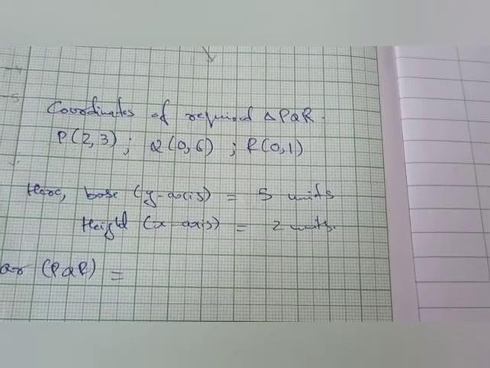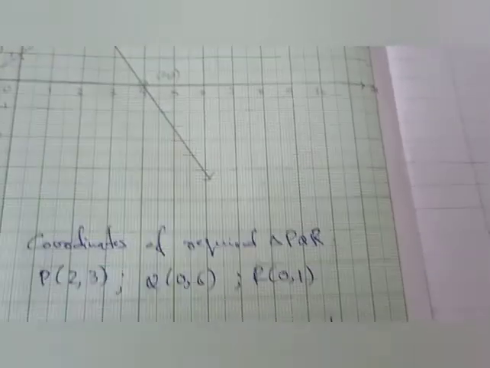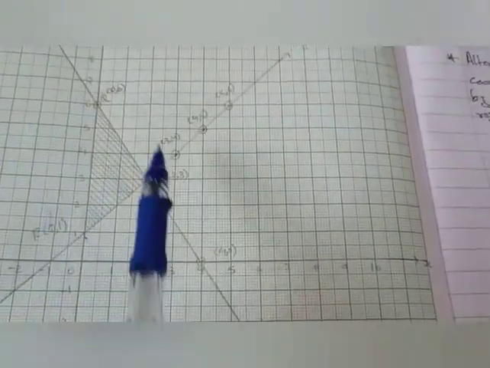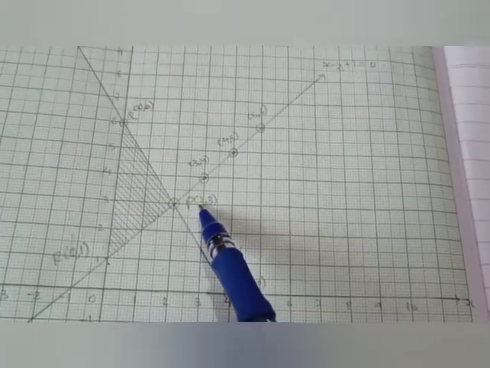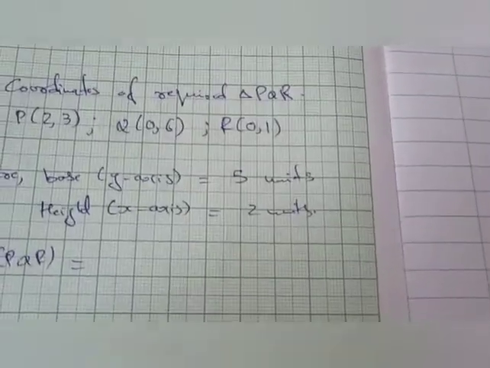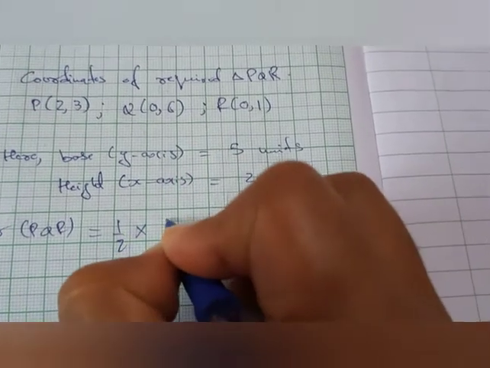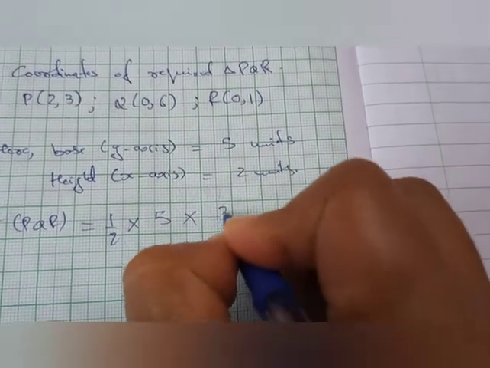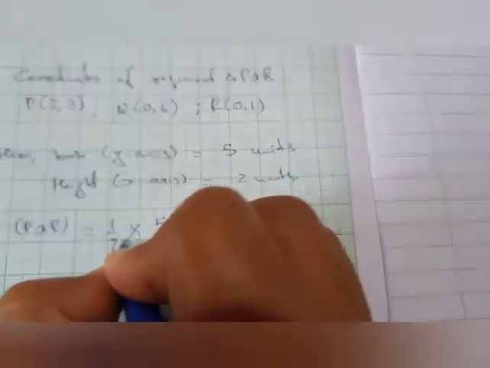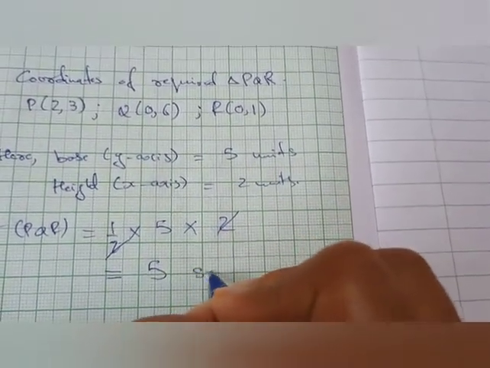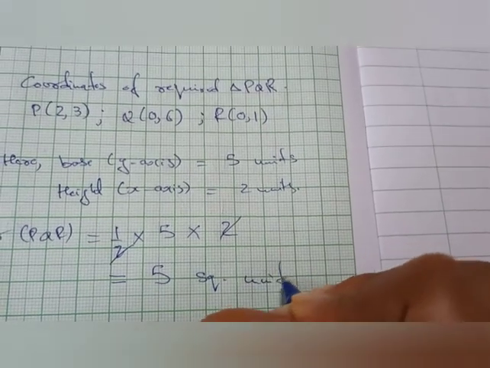So we have the base, along the y-axis, with magnitude 5 units, and the height, along the x-axis, as 2 units for this triangle PQR. So area of triangle PQR will be half into base 5 into height 2. The 2s will cancel each other, so the area of triangle PQR is 5 square units.